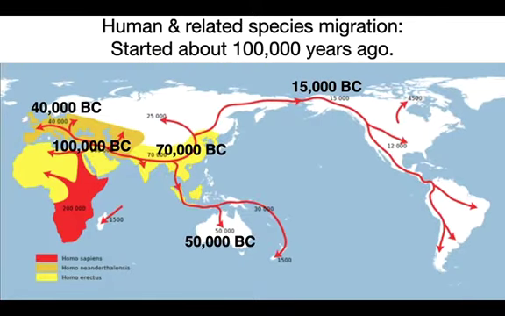Now, let's talk a little bit about human migration patterns and the effect that has on variability of DNA within humans. So, Homo sapiens as a species evolved in Africa about 200,000 years ago. And then started spreading into spaces that were previously occupied in West Africa and throughout the Middle East, occupied by Homo erectus. Homo erectus is an ancestral species that went extinct sometime.